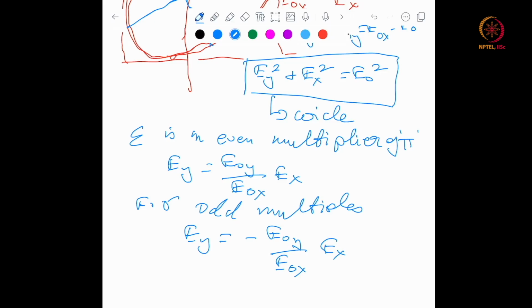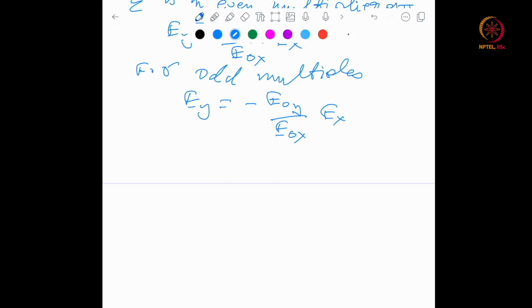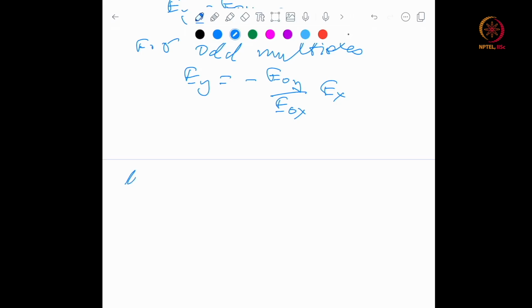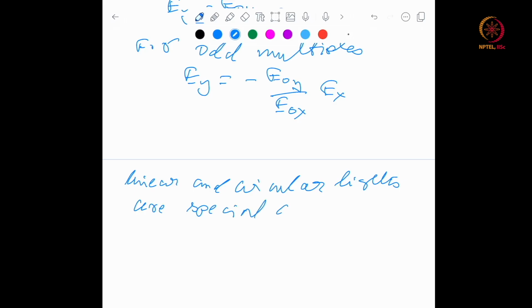So these are both straight lines having slopes of plus or minus E0y by E0x, and otherwise we have linear light. So both linear and circular light may be considered to be special cases of elliptically polarized light.